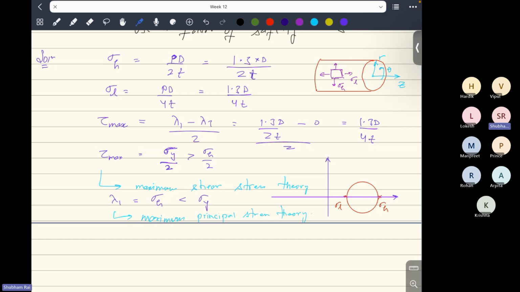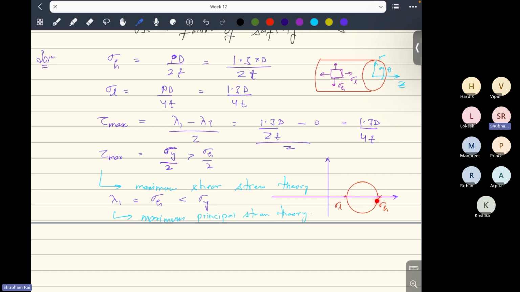Now these two theories are actually the same here, because when your stresses have the same sign, and only two such stresses are present here, then the maximum shear stress theory and the maximum principal stress theory give the same result. This is sigma h less than sigma y, and this is also sigma h less than sigma y. If they had different signs, then tau max would not have been sigma h by 2.